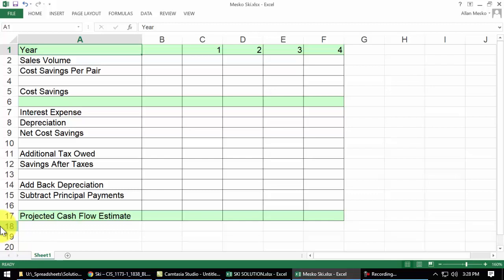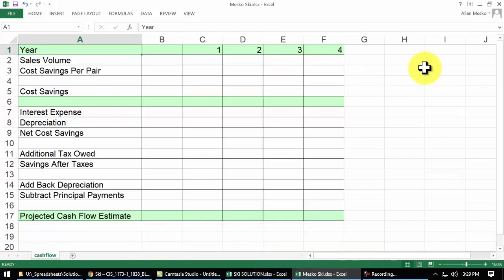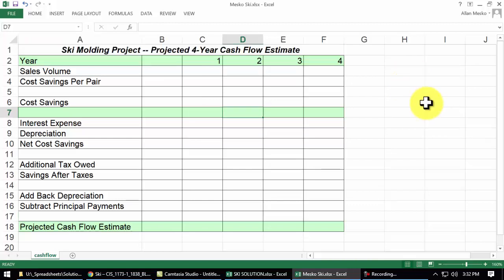Number 2 says, rename sheet 1 as cash flow. So let's rename that. Insert the following title at the top, merged and centered, and then we'll start entering numbers. Number 3 says enter the sales volume for each year, assuming sales in year 1 of 140,000 pairs.